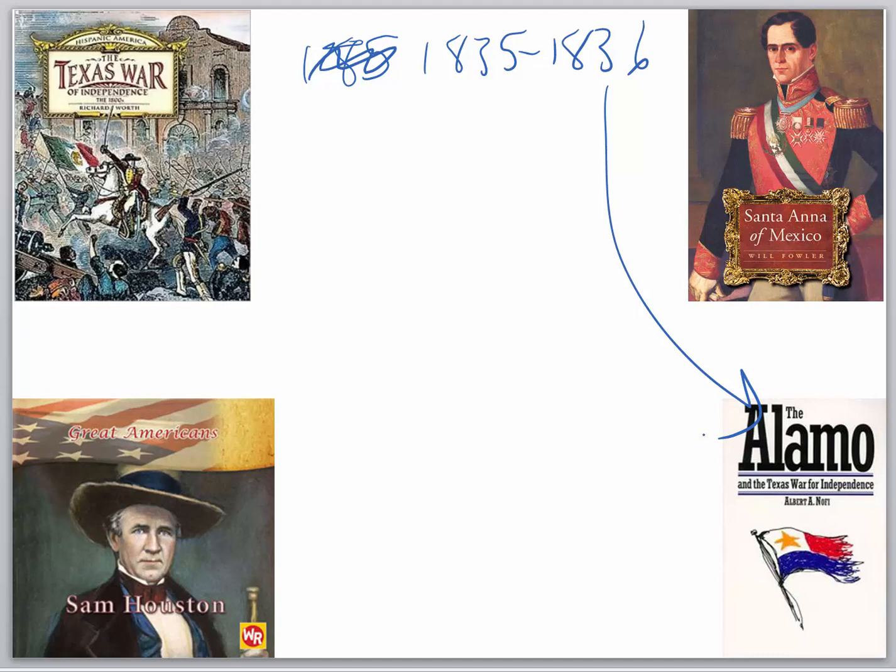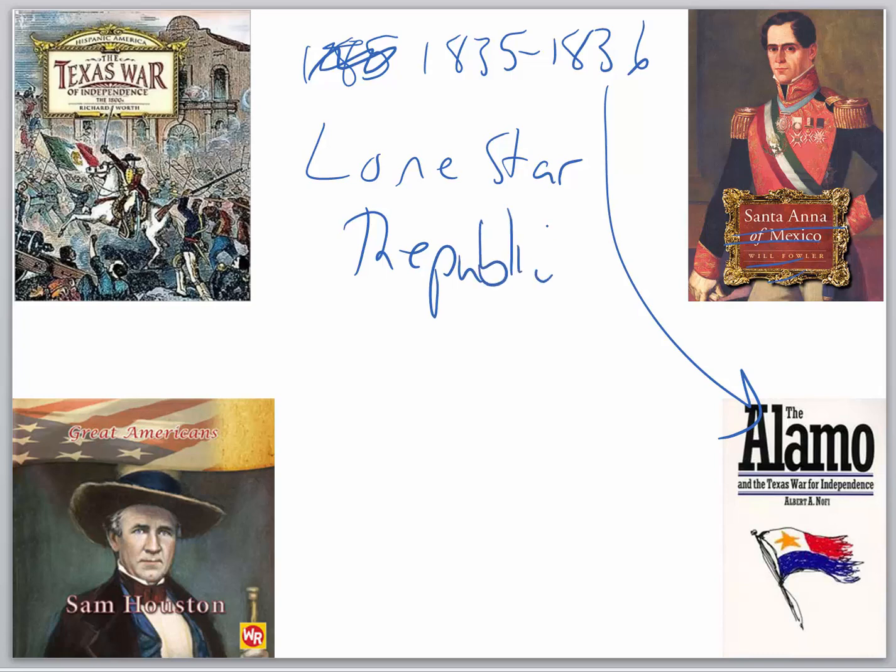But 1 year later, they will win the Battle of San Jacinto, and Sam Houston is victorious over Santa Anna, and this will lead to Texas being called the Lone Star Republic, with Sam Houston as the first president of Texas.